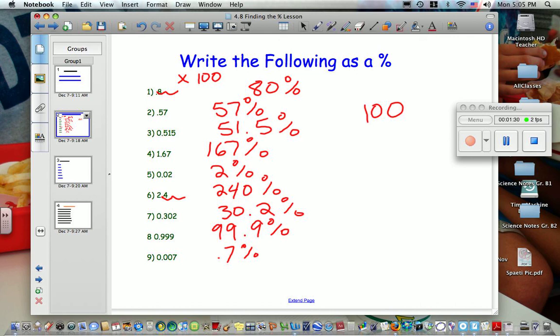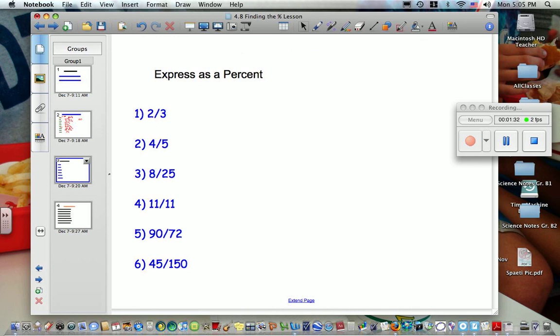The next thing is to take a fraction, which is 2/3 in this case, and create a decimal out of it by dividing the top number, 2 divided by 3. When you type in 2 divided by 3 on your calculator and hit equals, your answer will be 0.6 repeating.